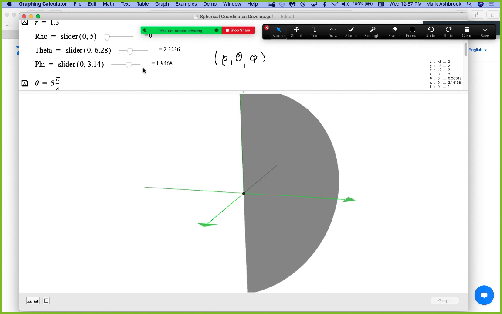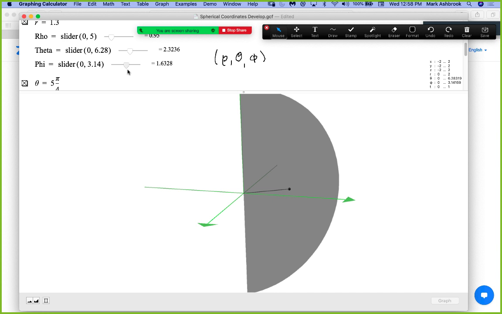Then phi, I like to think about phi next, and that would be the angle tipped down from the z-axis in the direction of theta. Let's make that a little smaller. So the angle tipped down from the positive z-axis in the direction of theta. That means it's always positive.